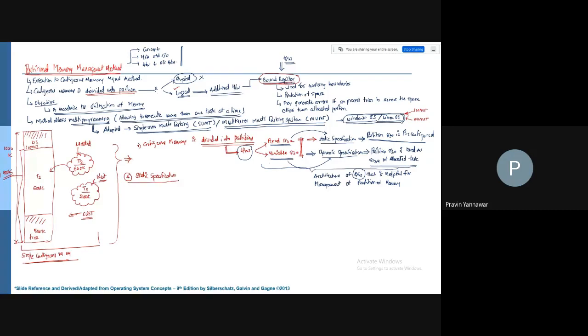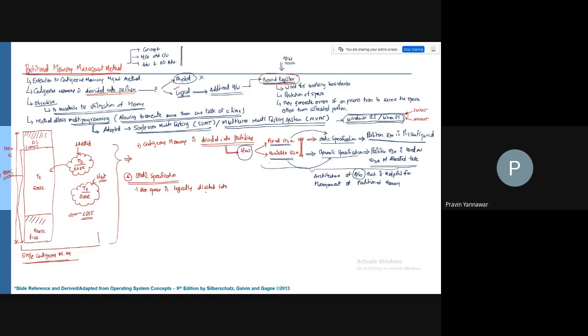In case of a static specification, we need to understand that the user space is logically divided into the user address space, that is, user space is logically divided into a fixed number of partitions.